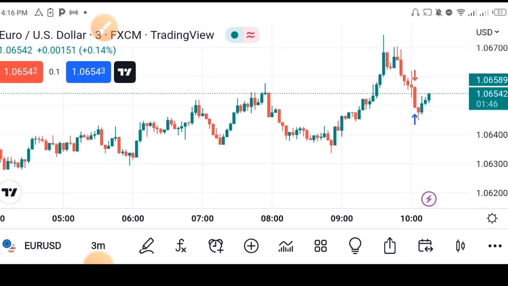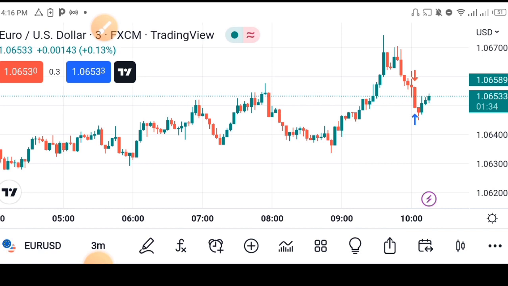I want to show you how to draw. First, let's talk about the trend support and resistance zone.